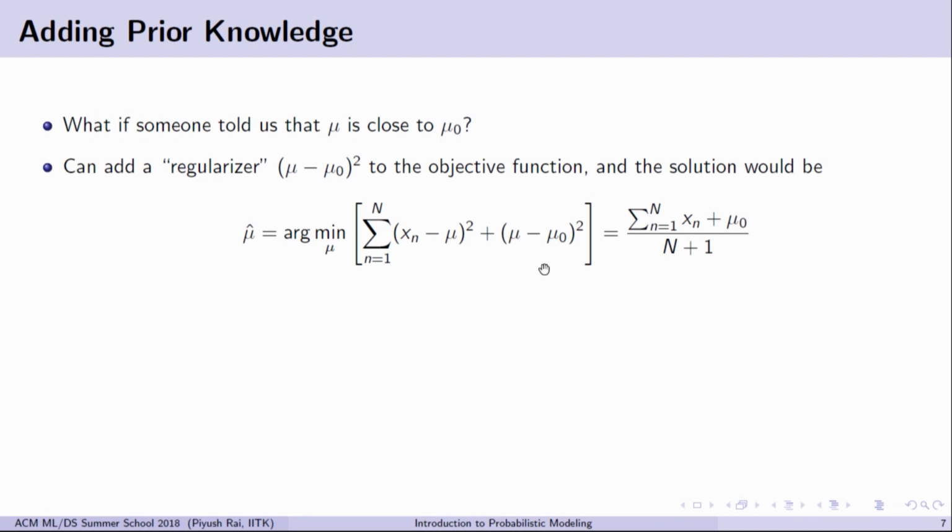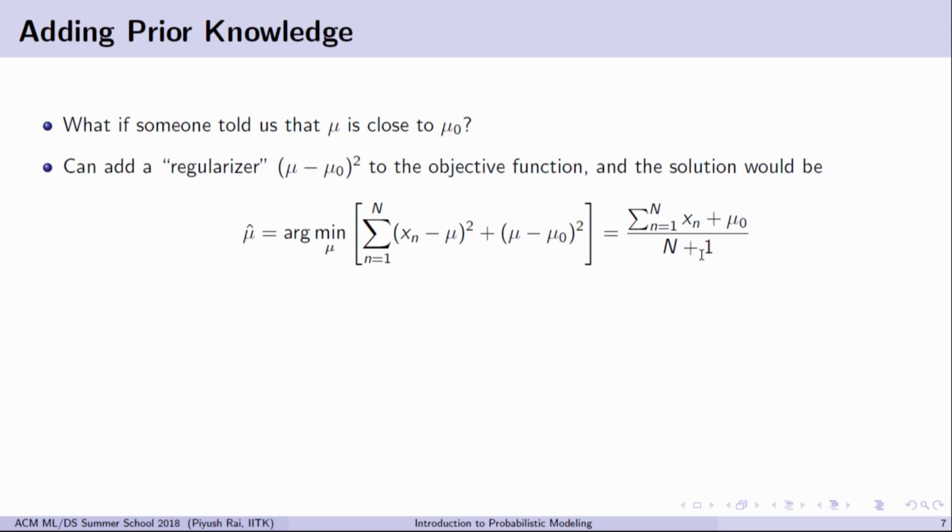Now, if you solve this optimization problem, again, it's just a couple of lines of calculus, you will get the optimal mu hat as the sum of all the xn's plus mu0, divided by n plus 1. It's very similar to the previous solution where we had the sum of xn's divided by n, but you have a mu0 in the numerator and a plus 1 in the denominator.